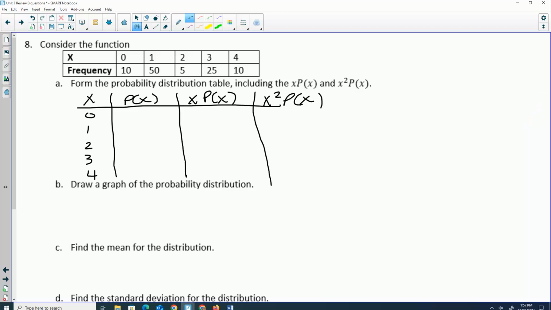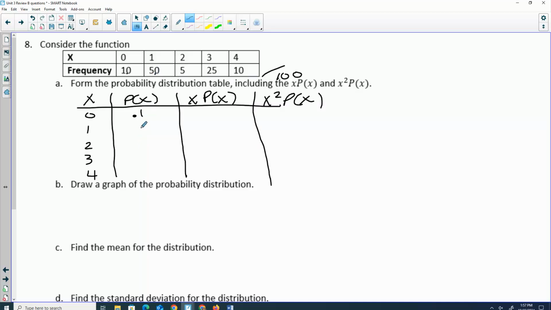Okay, I didn't give you the probability of these things, I gave you the frequency. So if we add them up, how many total do we have? 100. So to get your probability, you take your frequency divided by 100. So 10 divided by 100 is 0.1.